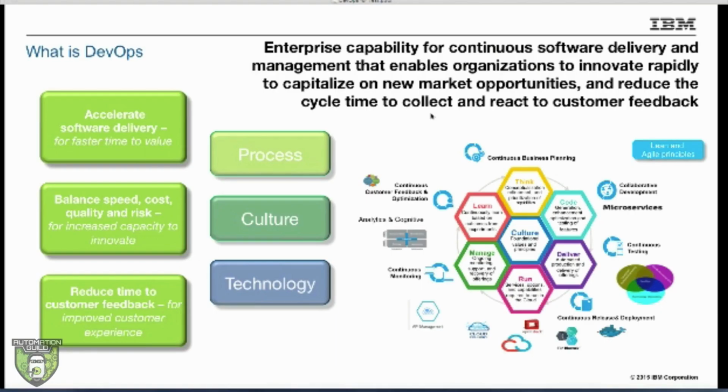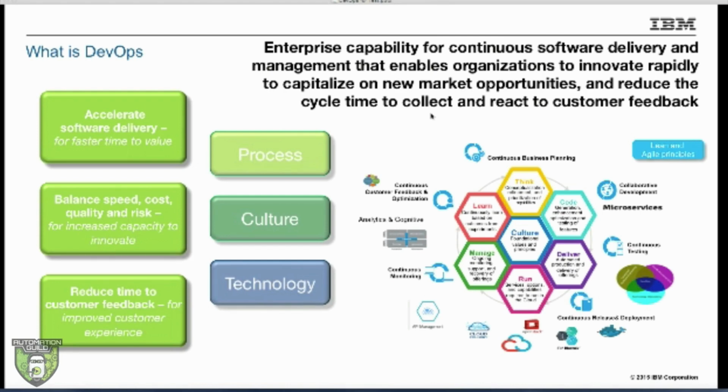What is DevOps? DevOps at its core is the thought process around agile and lean IT brought together to drive a cultural transformation. At the core of DevOps, it's all about your culture. It's about how people work together to provide the business value. It's about the time that they can work together to provide what you need to provide to your clients.